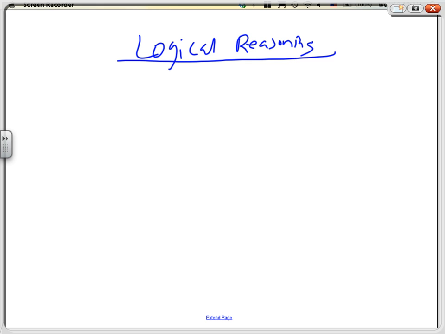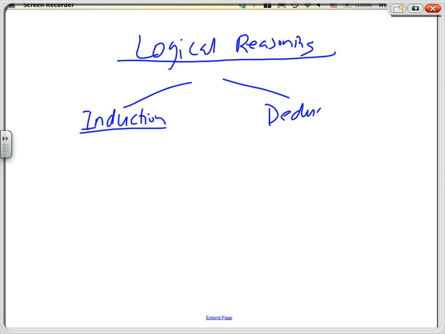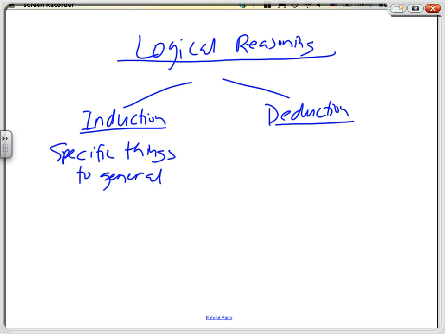Two primary things I want to talk about today are called induction versus deduction. And I want to make it brief so that you have a clear understanding of what it is. First of all, induction simply means you are going from a very specific thing to general.